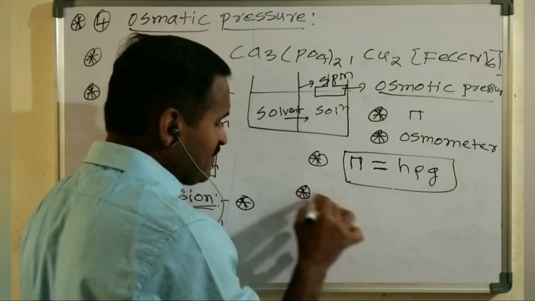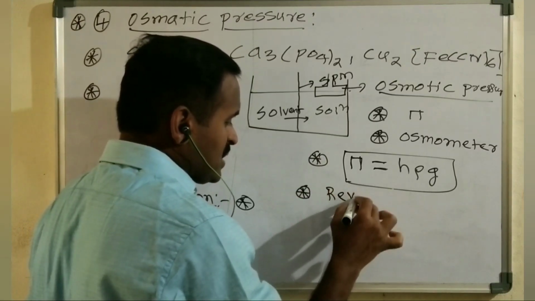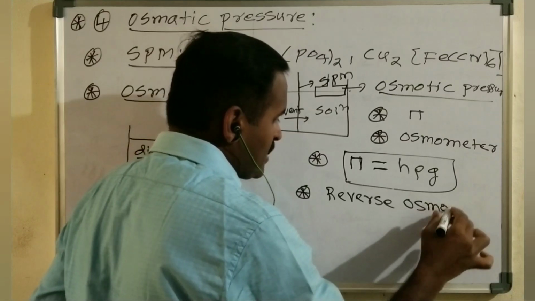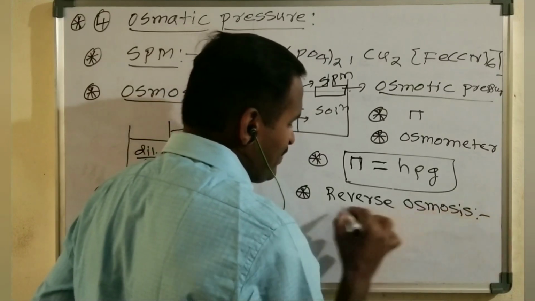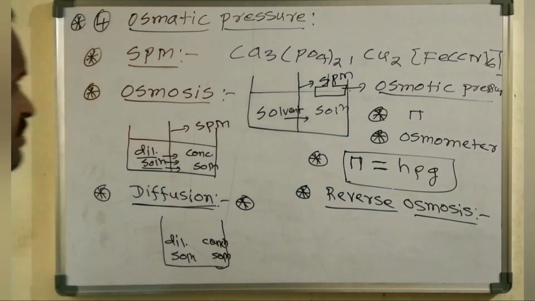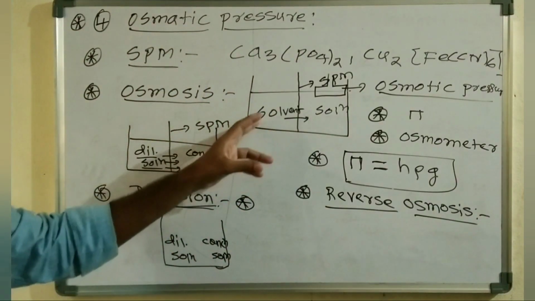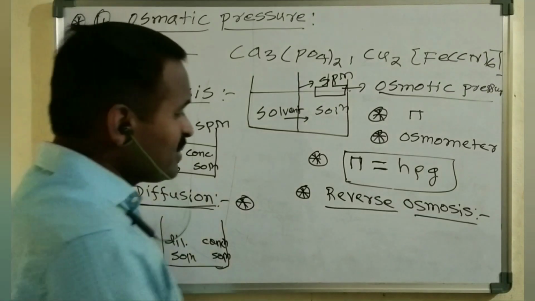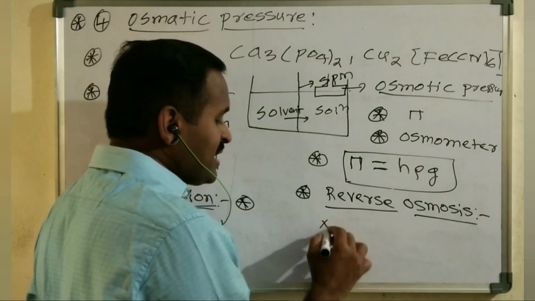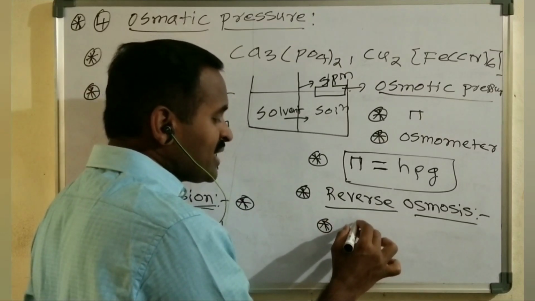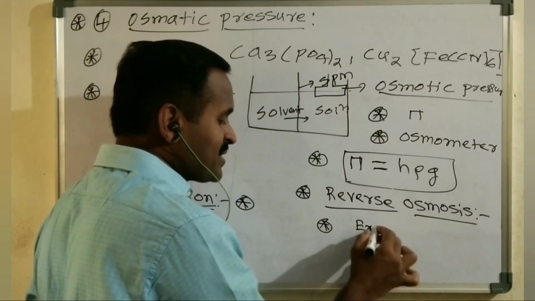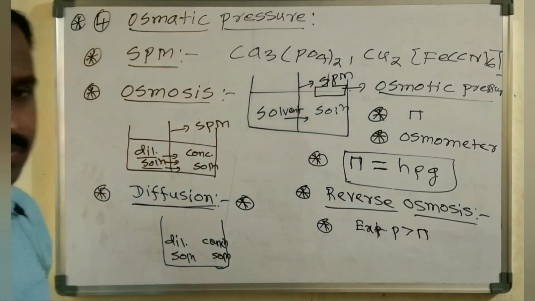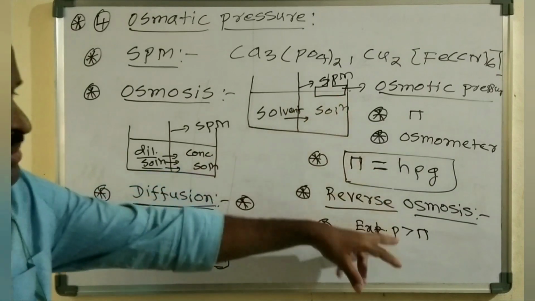Reverse osmosis is another one. Osmosis is simply the spontaneous flow of solvent molecules to the solution side. Reverse osmosis is when the external pressure applied is more than the osmotic pressure, pi.